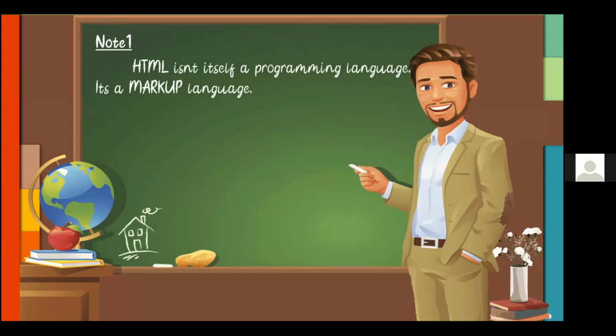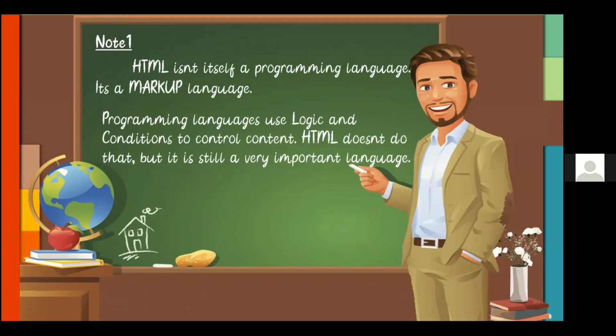An important note to remember, HTML isn't itself a programming language. It's a markup language. Programming languages use logic and conditions to control content. HTML doesn't do that, but it is still a very important language. So this is the basic difference between the other languages and HTML.